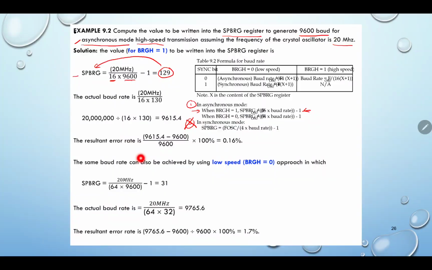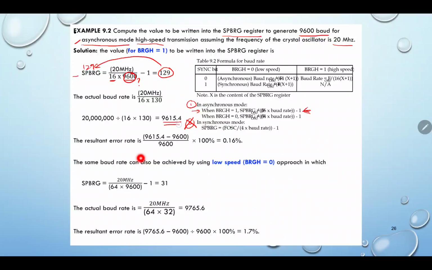In order to calculate the actual baud rate, we use the same formula, but now you substitute the value of SPBRG inside, which is 129, and this is what you want to find out. When you manipulate it, you get 20 megahertz over 16 times 130.